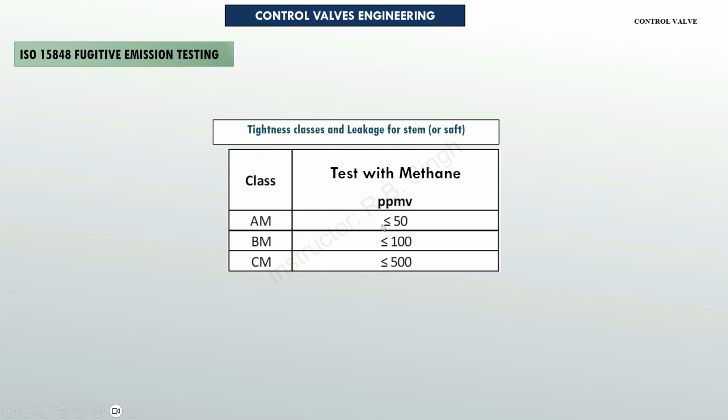AM allows equal to or less than 50 ppmv, which is the most stringent condition, and BM allows 100 ppmv volume of process media, and CM is the least stringent condition, which allows 500 ppmv process media through the valve packing.